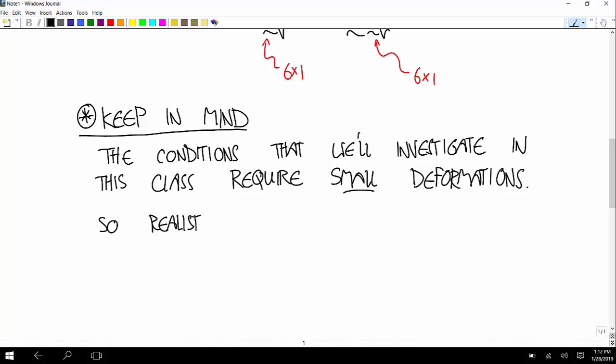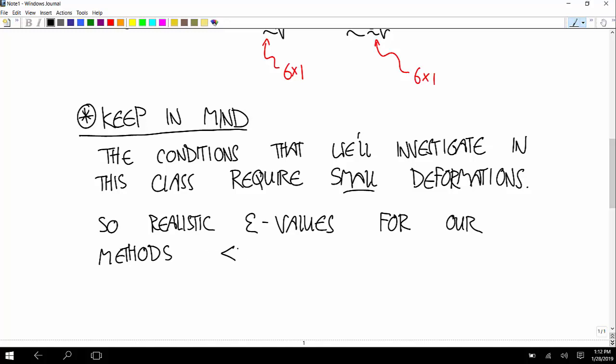So realistic strain value, that's stress. This is strain. Realistic strain values for our methods are less than about 1 times 10 to the minus 4.